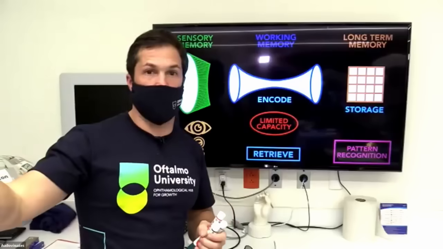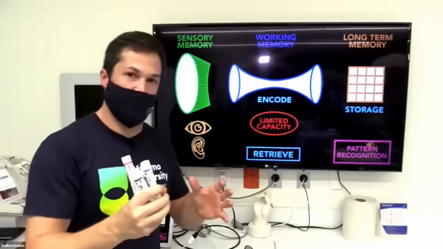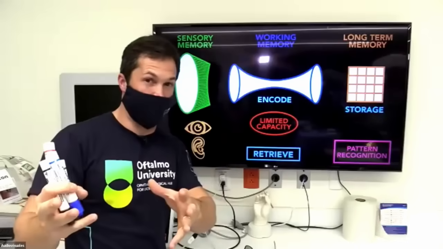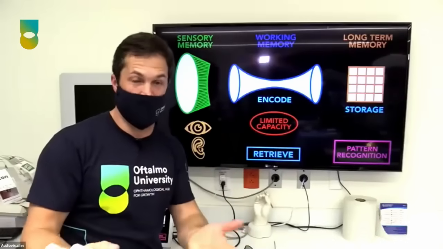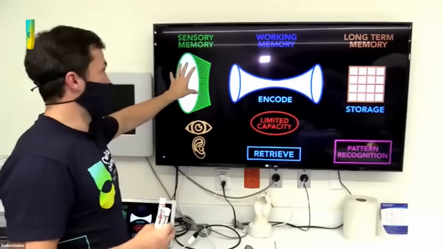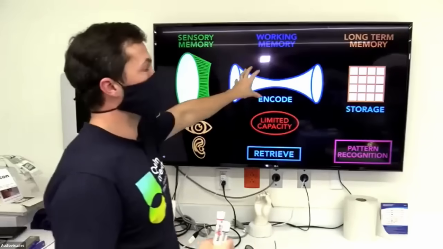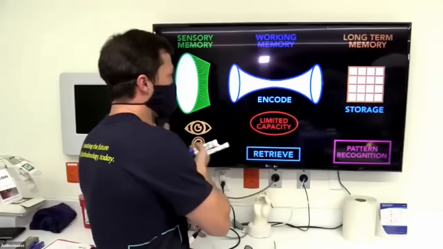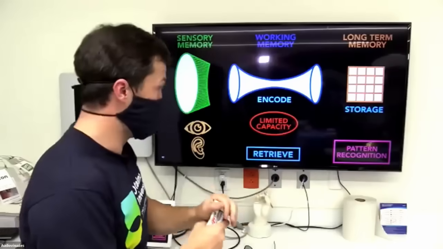We are here in the machine, okay? You need to understand how your software and your hardware work when you're learning anything. In this case, there is sensory memory that goes to something called working memory, which will encode everything and store it long term. This is important for you.